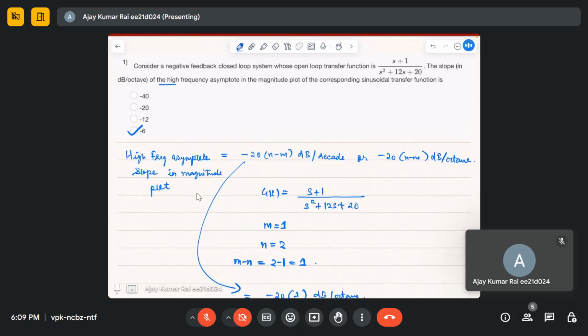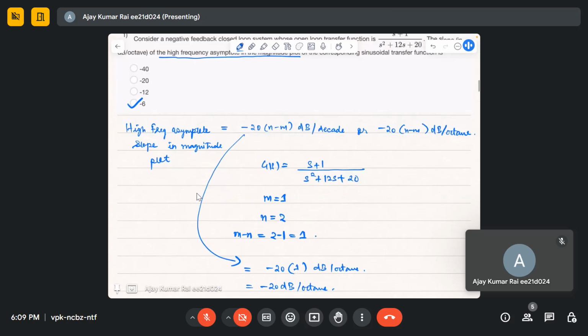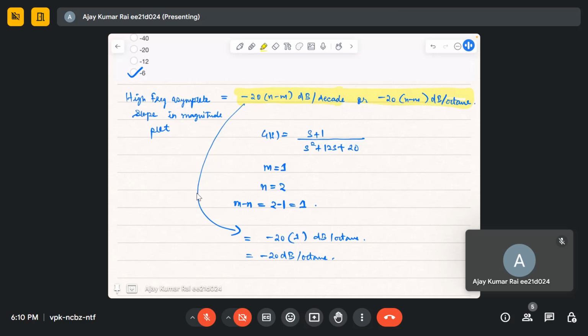You see this part: the high frequency asymptote in the magnitude plot. You have to find the slope. Simply, what we know is that the slope is equal to minus 20 (n minus m) dB per decade for the high frequency asymptote. For this particular transfer function, m is equal to 1. m corresponds to zeros, which you see in the numerator, and n corresponds to poles, which are the roots of the denominator.